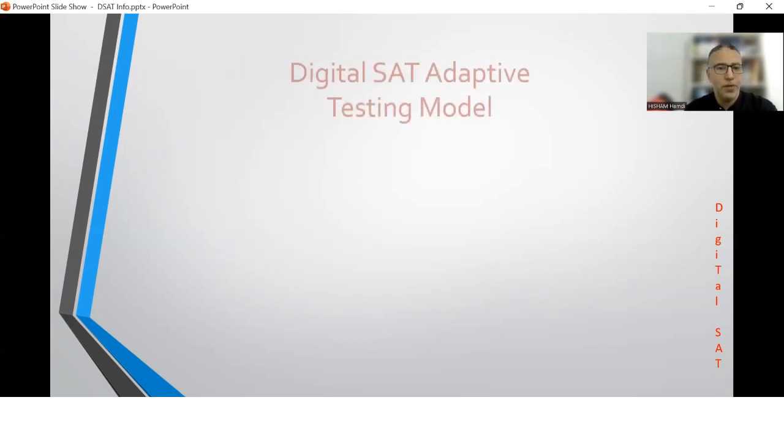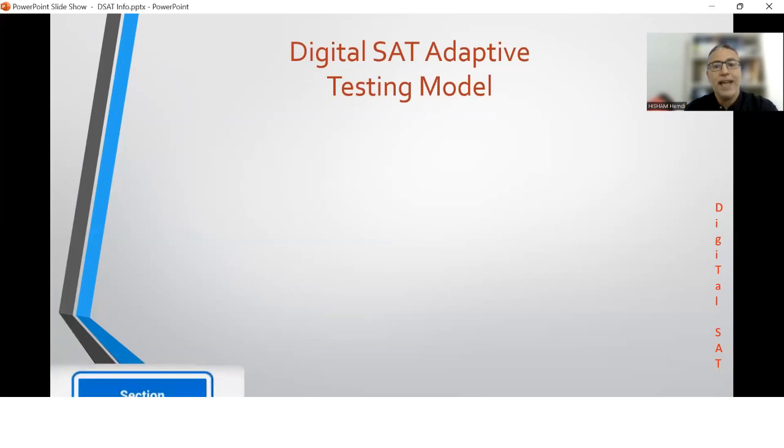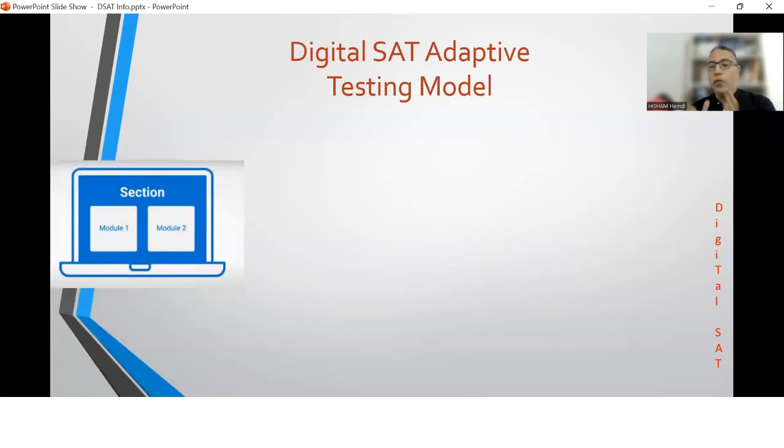I'm going to speak with you later about what that is. Adaptive: when a student enters the test, and this is the important part, every student in the new digital exam has a different test. It's not the same. Before, they had 4 versions, and all the students were spread around with these versions. But for the new digital SAT, everyone has his own test.